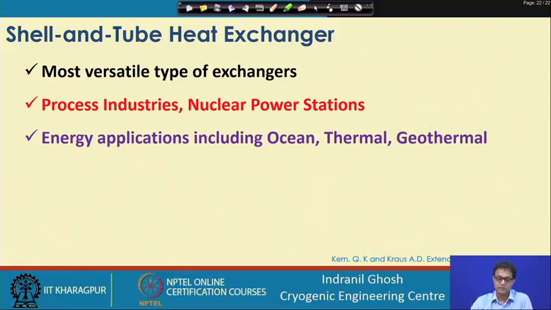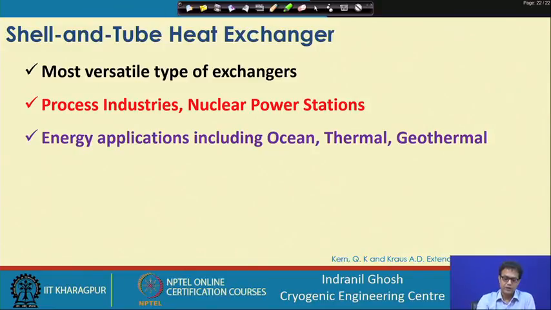preheaters, water heaters, then condensers, and it is used as kettle boilers, and they can also find applications including in the geothermal or in the ocean or in many thermal applications, particularly whenever we are using heat exchangers where it needs occasional cleaning.